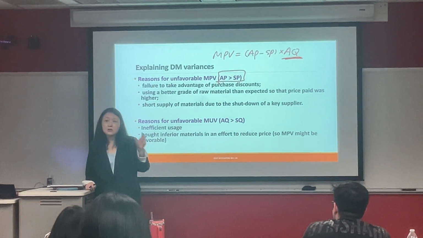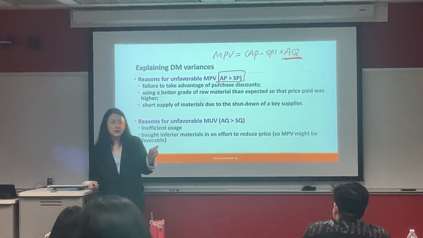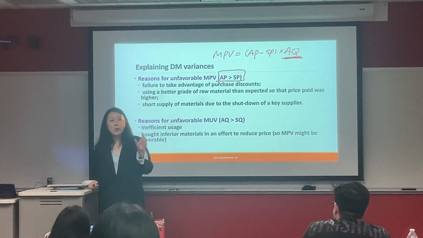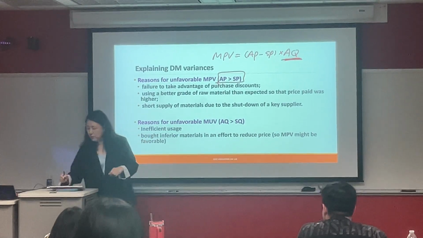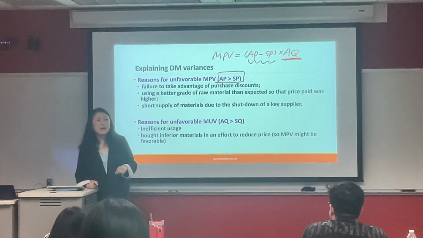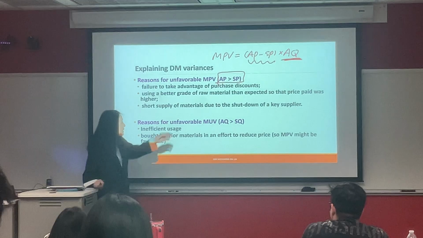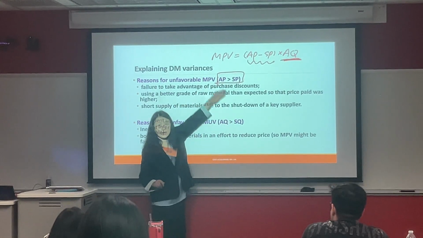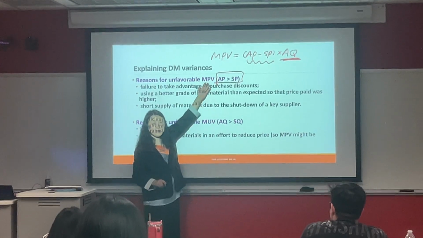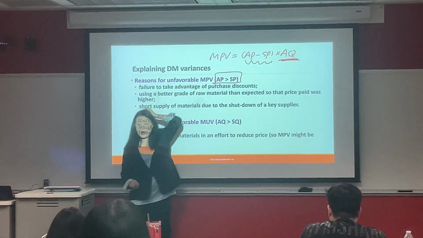If the impact is large, you have to investigate. But whether it is favorable or unfavorable is driven by the difference between actual price and standard price. So when you say unfavorable, it's because the actual price is too high.